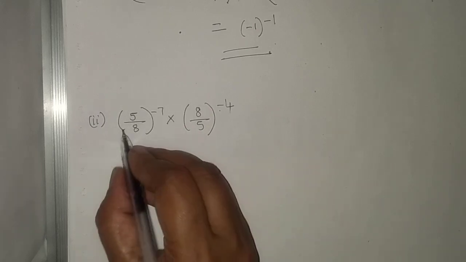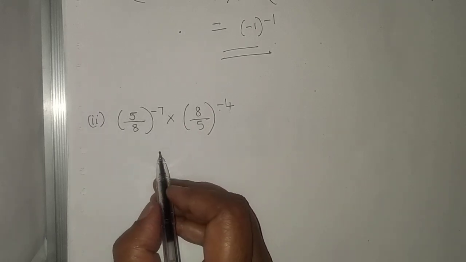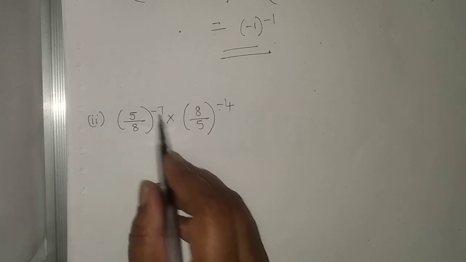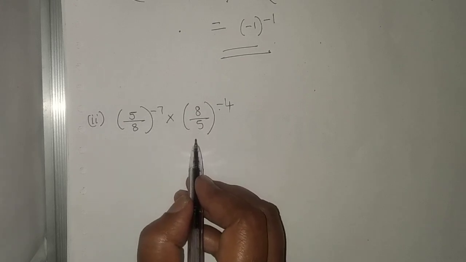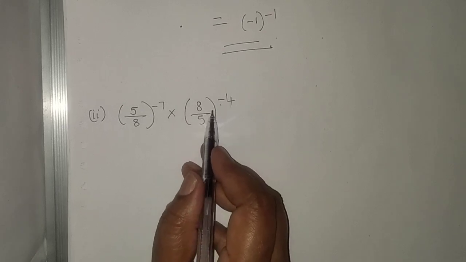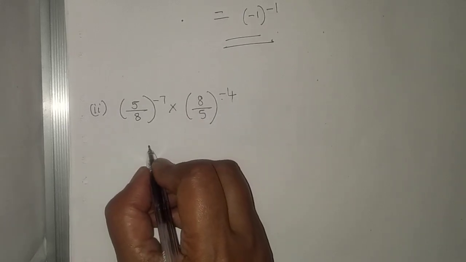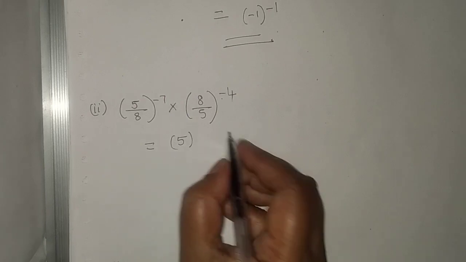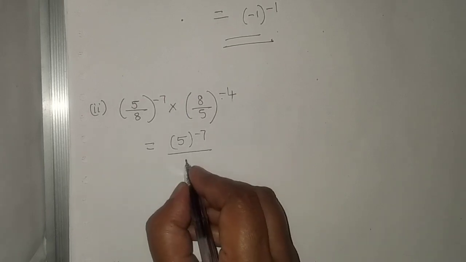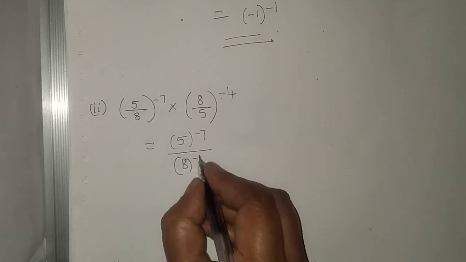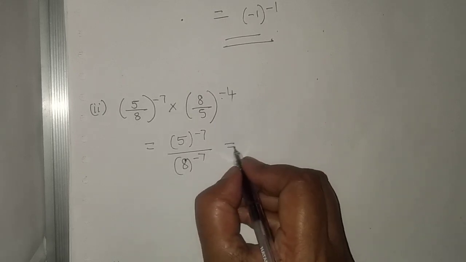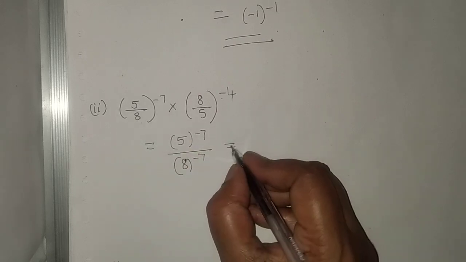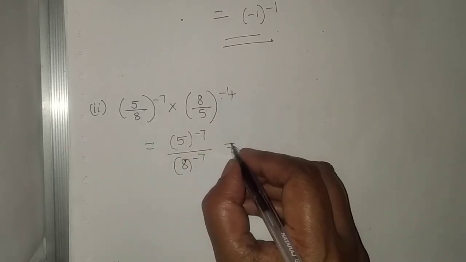Now the second problem is (5/8) to the power minus 7 into (8/5) to the power minus 4. Here we'll take the power separately for the numerator and separately for the denominator. We split the powers to numerator and denominator.